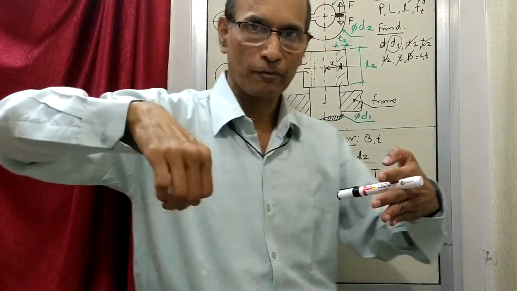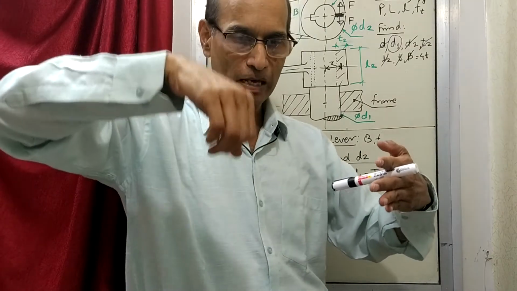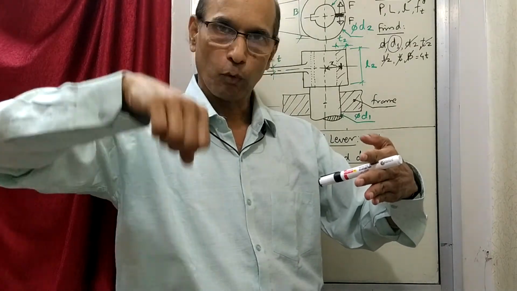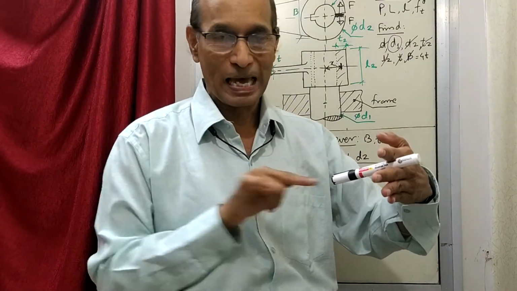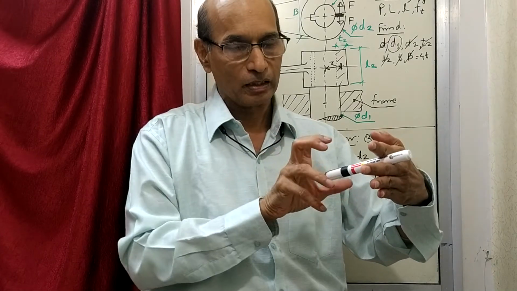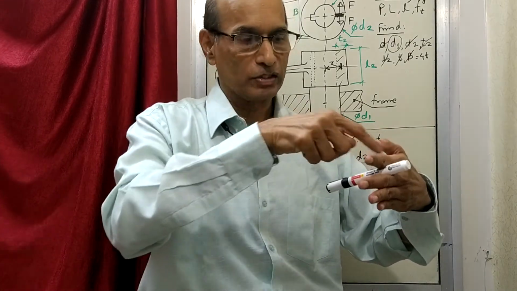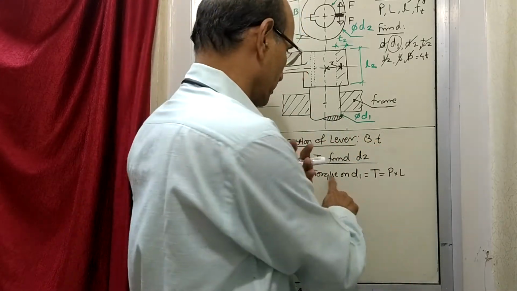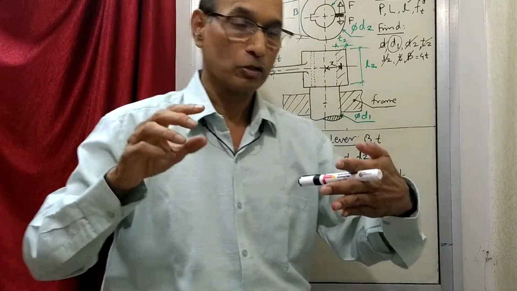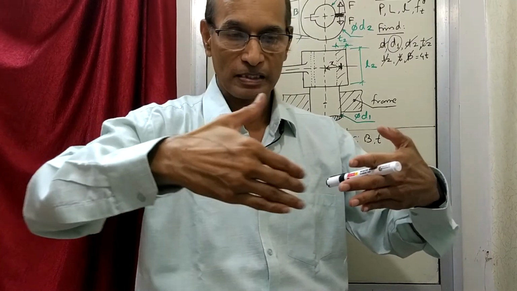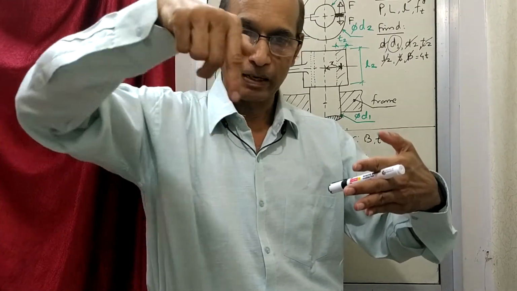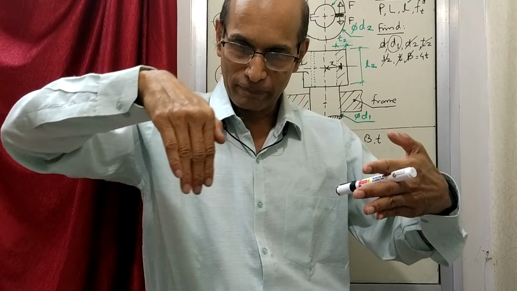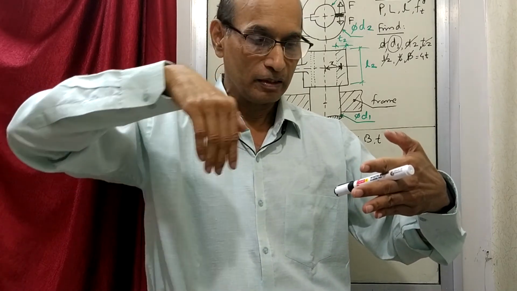When I apply a force like this, P into this capital L is causing a torque on this, and on D1 also. So D1 is experiencing torque, P into capital L, as we have written. Now what we also see is, because of this distance L, this P is not applied here, it is applied here. So because it is applied slightly outside, it is going to cause a moment.